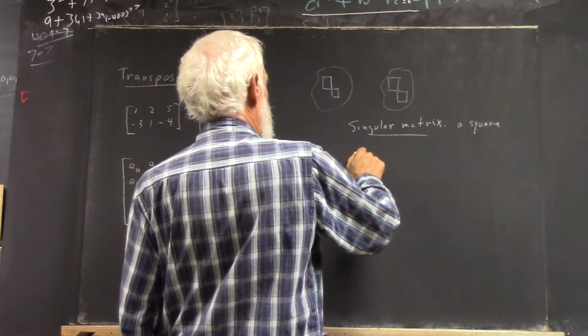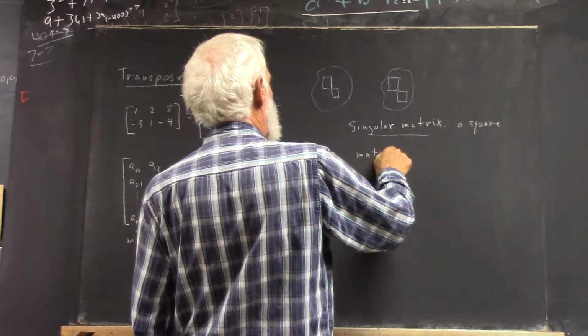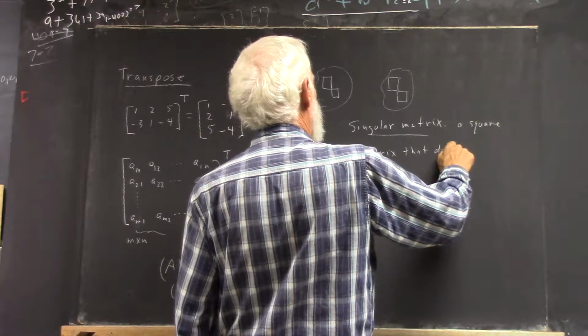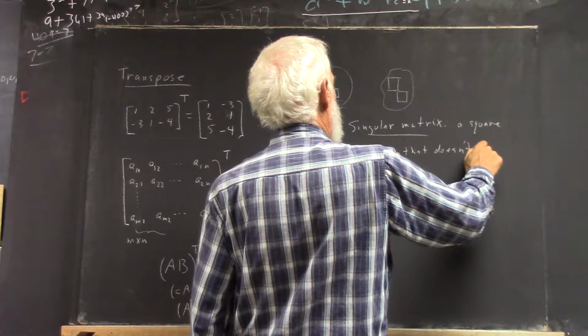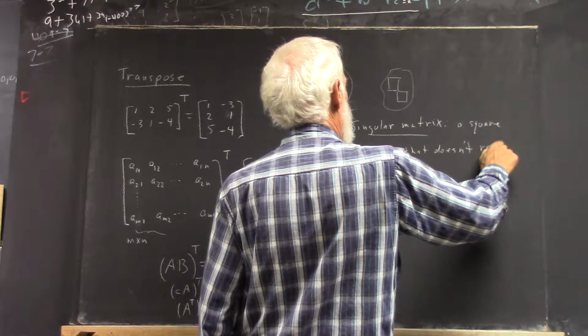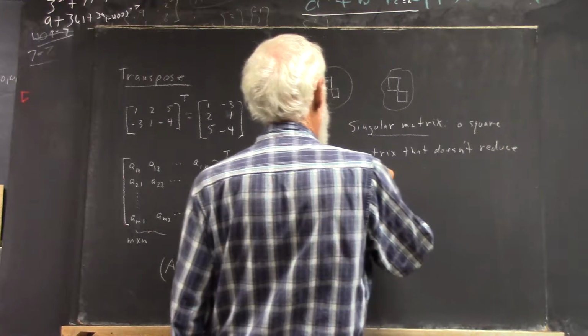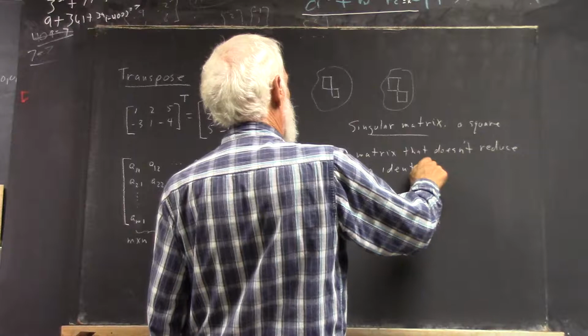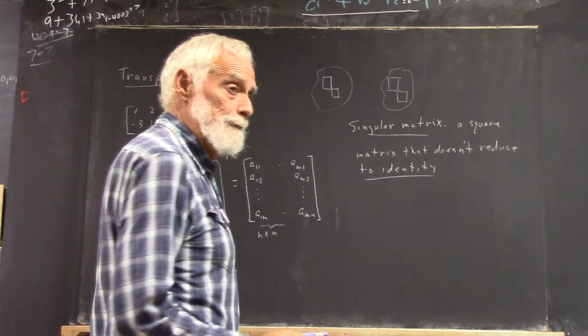A singular matrix is a square matrix that doesn't reduce to the identity. Okay?